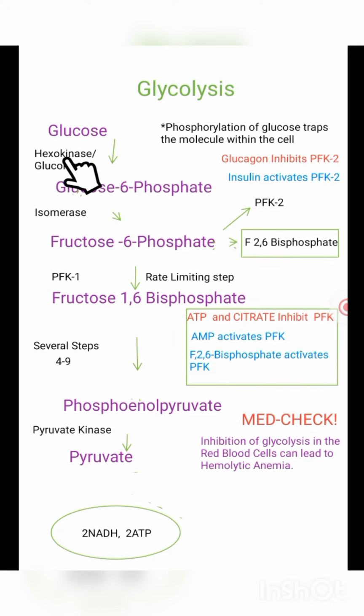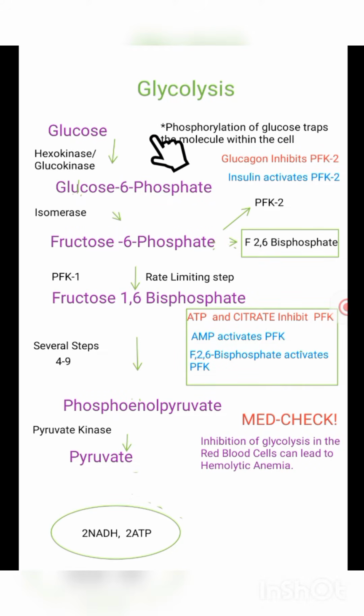On the other hand, hexokinase has a high affinity for glucose, so this is the main guy. But when you have too much glucose concentration, you see glucokinase also coming into play, though it's mainly found in the liver cells and the pancreatic beta cells. So that's basically the difference between the two enzymes.